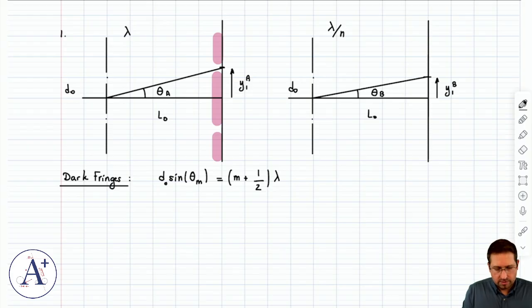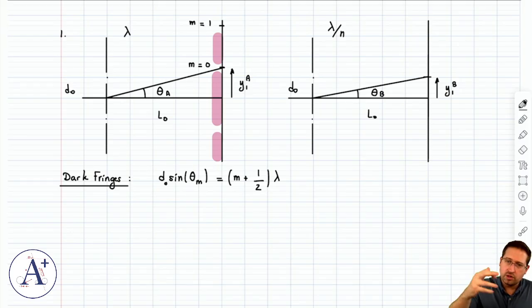What is m to locate this one is the question. As long as this is positive, sine theta will be positive, meaning that the angle will be above the center line. And so it turns out that the smallest value of m that's going to yield a dark fringe is actually m equal to 0 here. And then the next one is going to be m equal to 1, 2, 3, and so forth, which is confusing because down here, the first dark fringe would actually be m equal to -1, and then the next one would be m equal to -2, and so on.